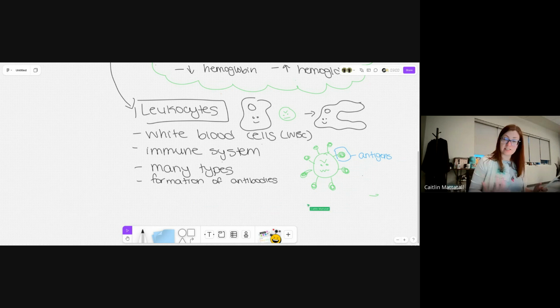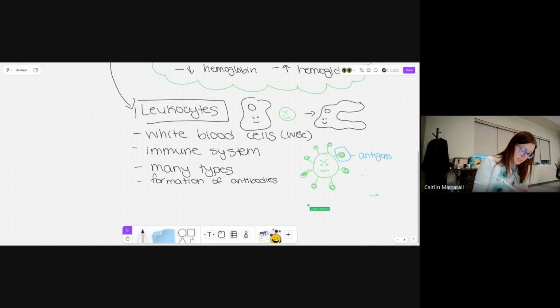When you guys get sick, that's usually because you have a virus or a bacteria that gets into your system, and our body has recognized that these antigens do not belong. Okay, they mark it as a bad cell, and that's going to stimulate an immune response. And again, the big thing that's going to happen is our body is going to start to attack these cells.